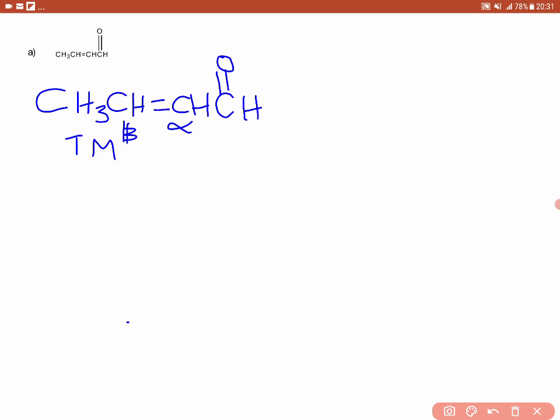So unsaturation at the alpha beta position is an indication that the compound could have been synthesized or made by aldol reaction. And so in order to carry out the retrosynthetic analysis, we work backwards in order to get the starting materials for the reaction.